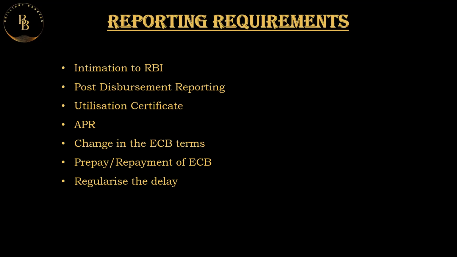Borrowers are also required to submit an annual performance report, APR, on the operation and performance of the business to the RBI through the designated AD Category 1 bank. This report is typically required for all ECB outstandings as on March 31st of the previous financial year, and it should be submitted by December 31st of that year.